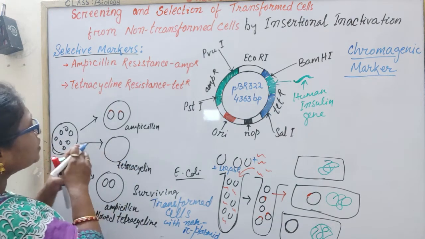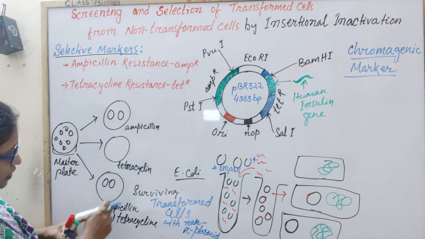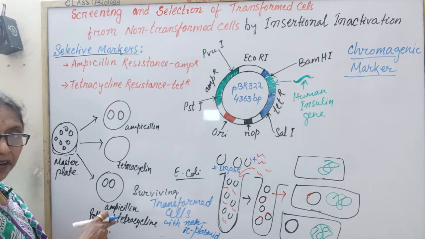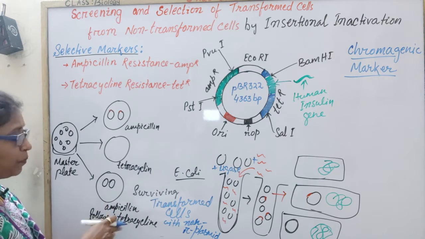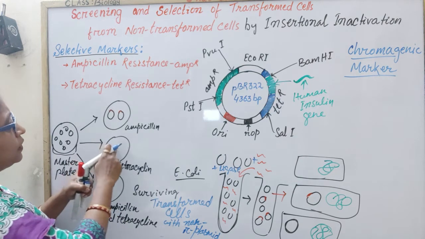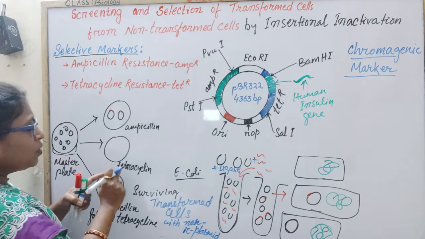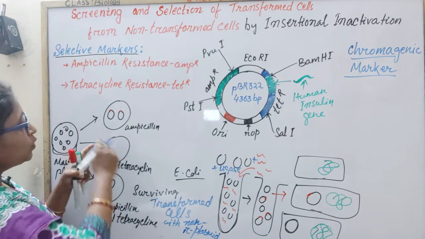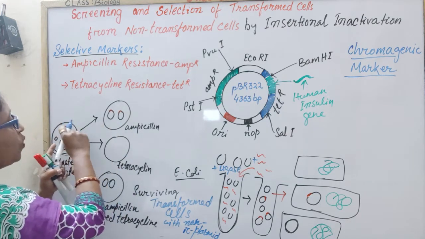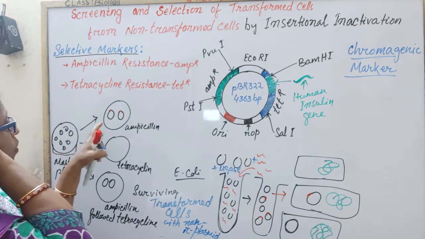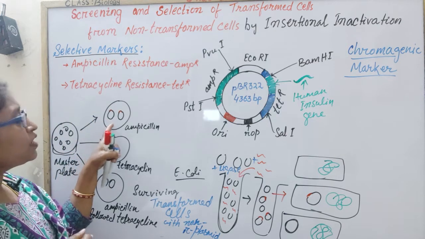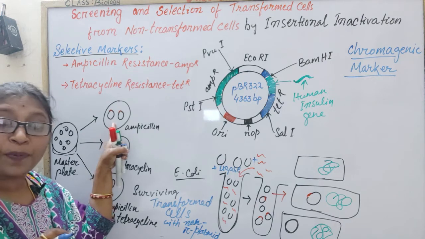If the recombinant ones are treated, here in this tray first ampicillin is treated, then tetracycline, ampicillin followed by tetracycline. Here only ampicillin, in this tray only tetracycline. So when the bacterial colony is transferred, these are the bacterial colony having the recombinant. Which one will survive over here?